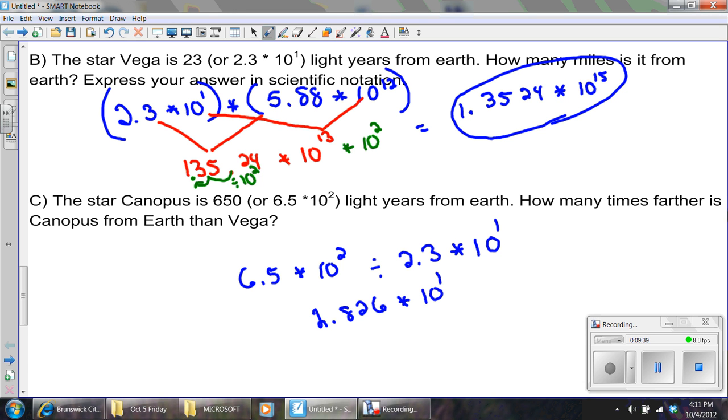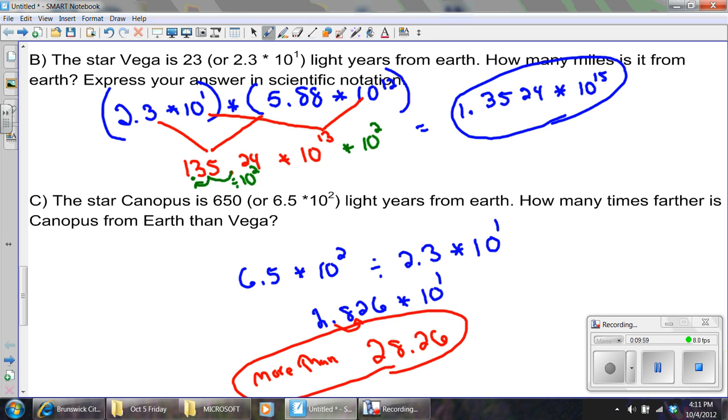I'm going to convert that to standard notation, 10 to the 1st, so I'm going to move the decimal point one place, and I'm going to get 28.26. So my answer, and this makes more sense to me, is that it's more than 28 times farther from Earth than Vega is.